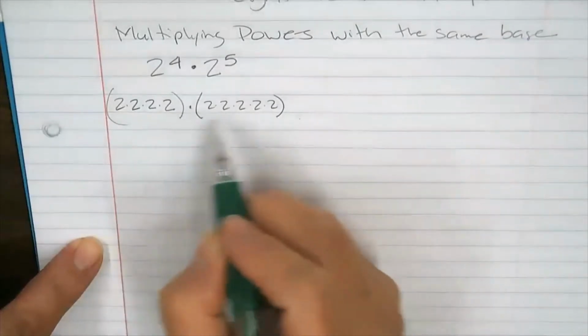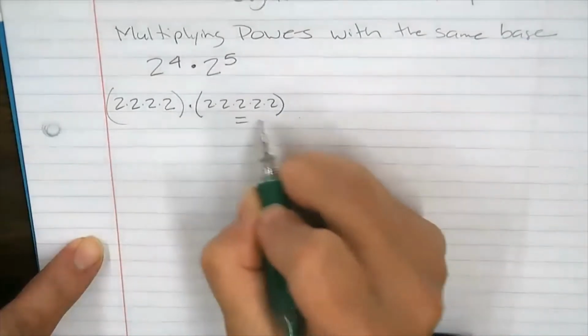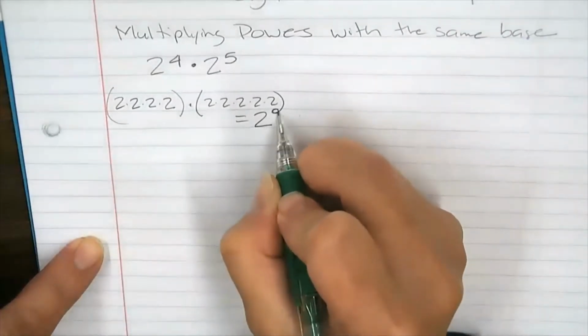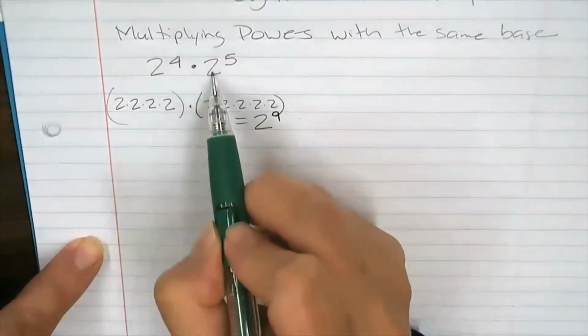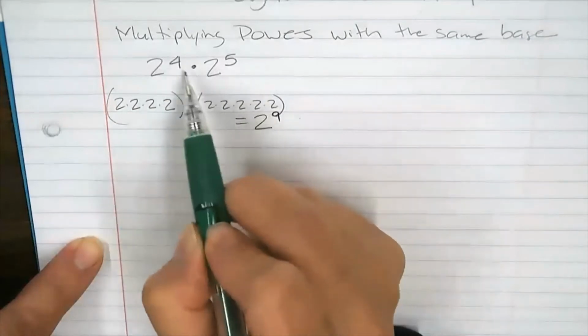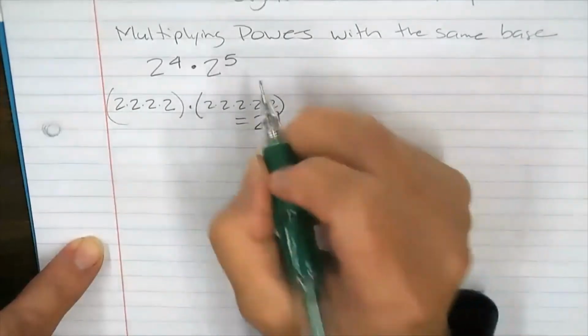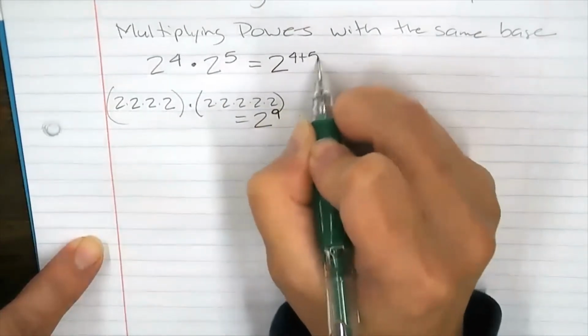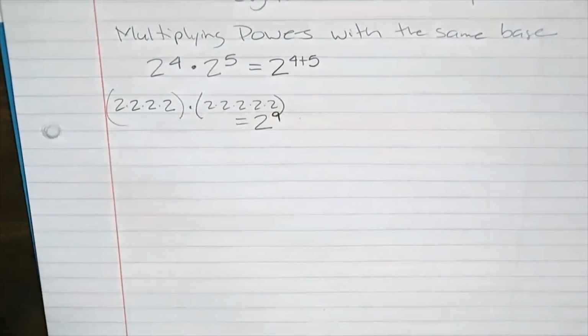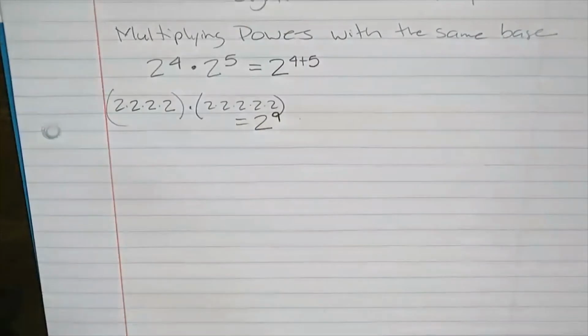So what this really is, 2 to the 9th power. So when our base is the same, when we're multiplying the base, which is the same, we are going to add those exponents. Okay?